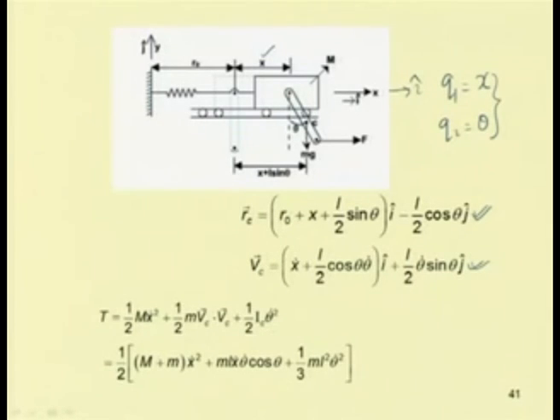Adding these two, one can find the kinetic energy of point C. The total kinetic energy of the system can be written as half capital M plus small m x dot square plus m L x dot theta dot cos theta plus 1/3 m L square theta dot square.